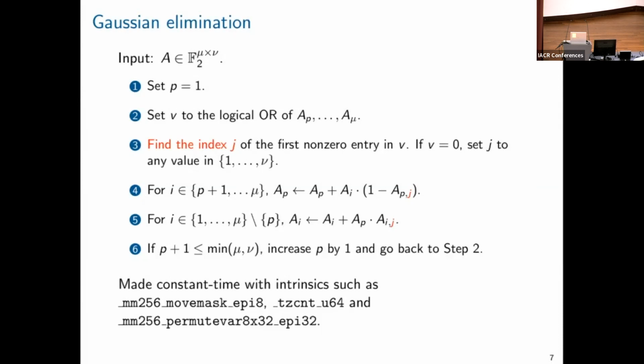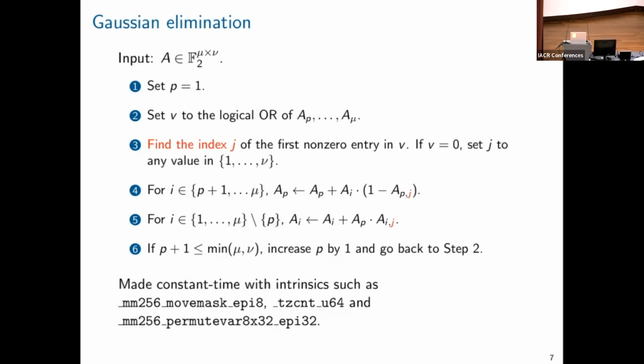And also when you access matrix elements using this index j, because j is dependent on the matrix entries, you also need to avoid accessing the elements using memory operations.